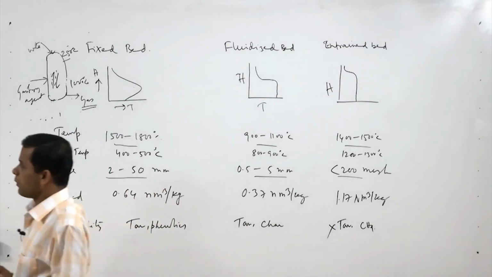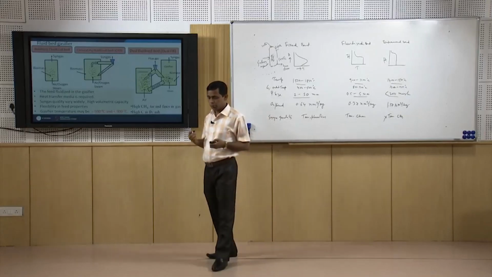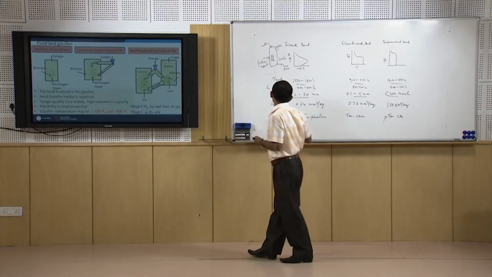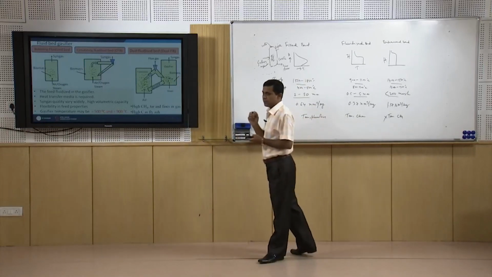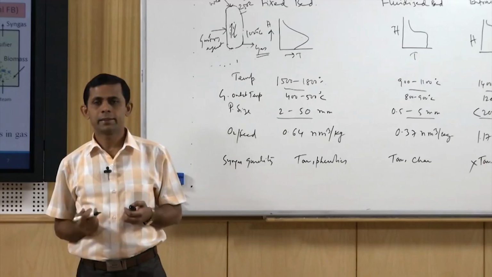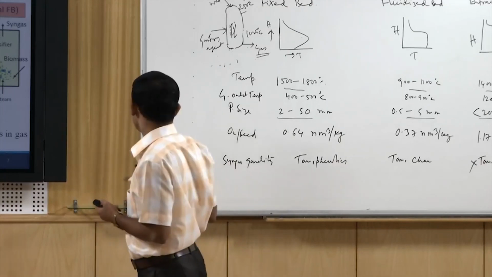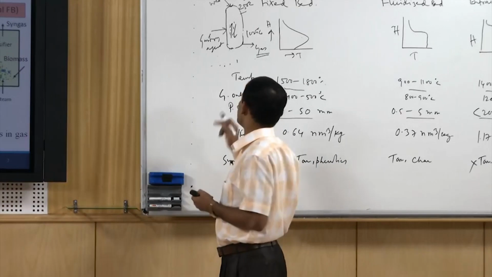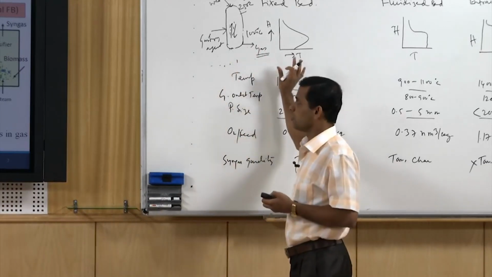Now we will see the fluidized bed gasifier. In the fluidized bed gasifier, the temperature is lower than the fixed bed, within 500 to 900 degree centigrade, and the particles are also smaller than, or almost similar to, the fixed bed.